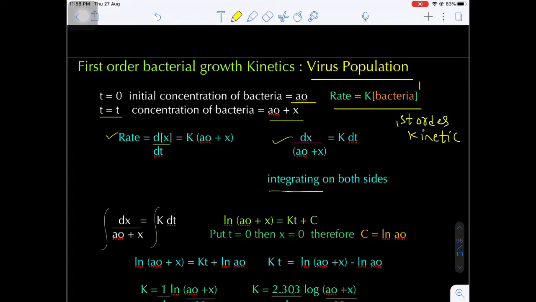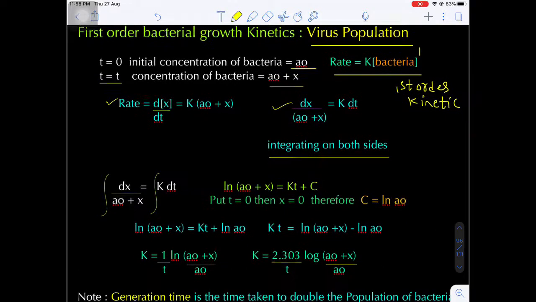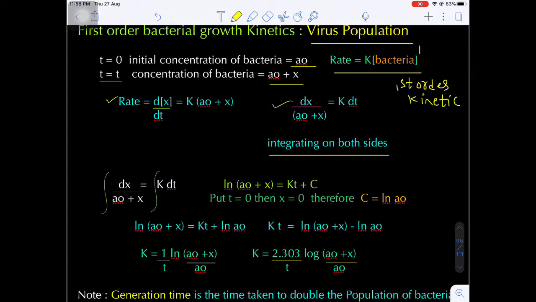Now integrating on both sides, you will get integral dx by A0 plus x equal to integral k times dt. We know integral 1 by x is equal to ln x, so ln (A0 plus x) is equal to k into integral dt, and there is an integration constant c. To calculate the integration constant c, at initial time t equals 0, what happens to the x value?